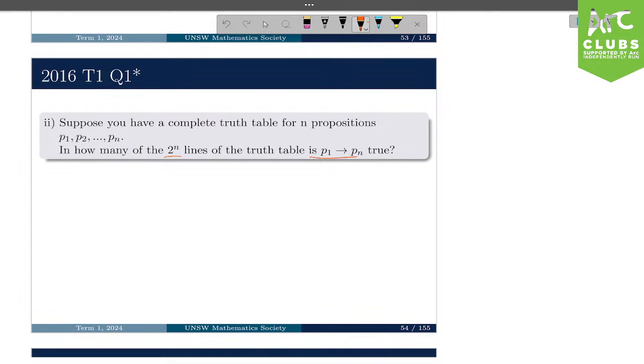So where 2 to the n comes from is, if you imagine a table with P1 to Pn, you can imagine there's some combinations of true and false. So say we start off with false, false, and false, and then we might go true, false, false.